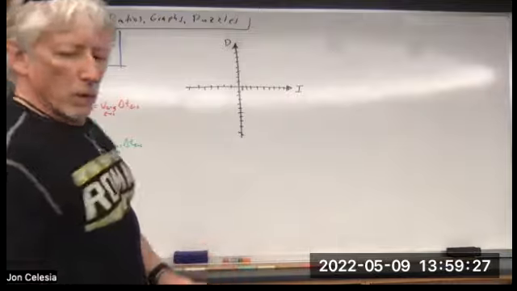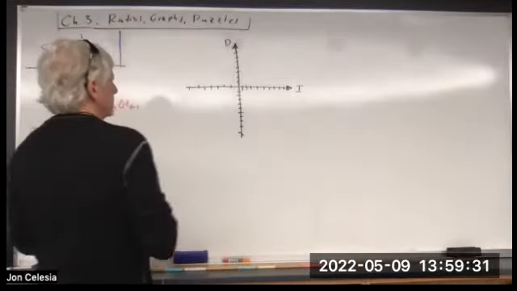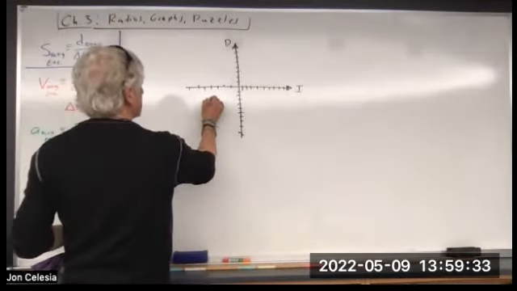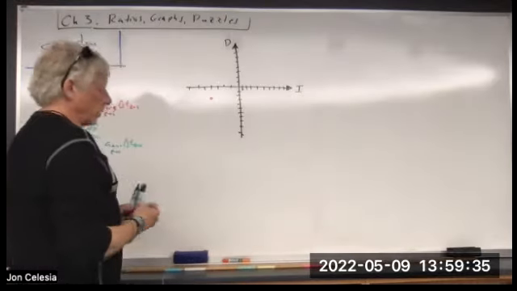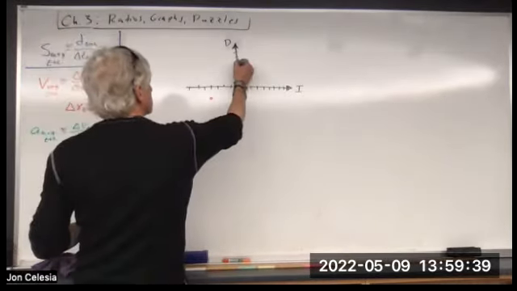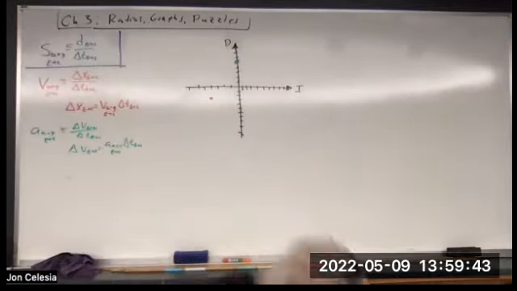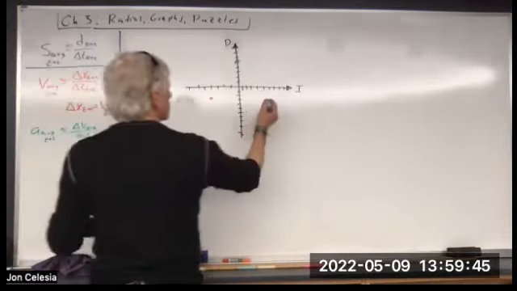So if I look at some points, say over here, there's a point. And maybe there's another point. And some other point.